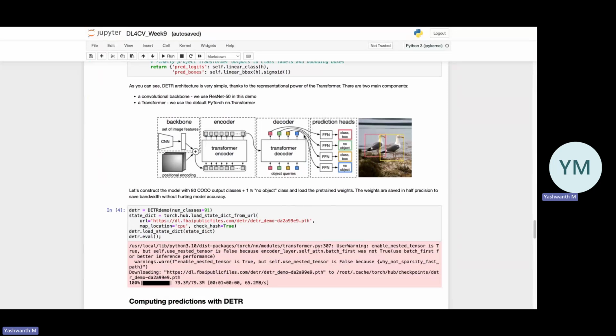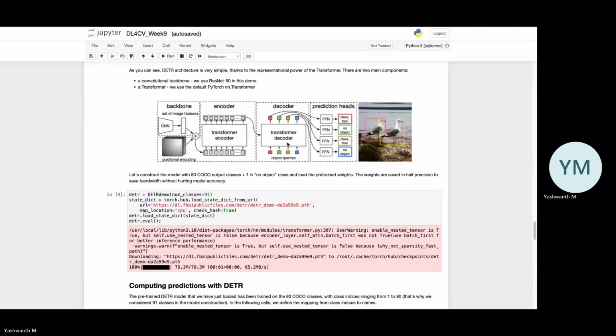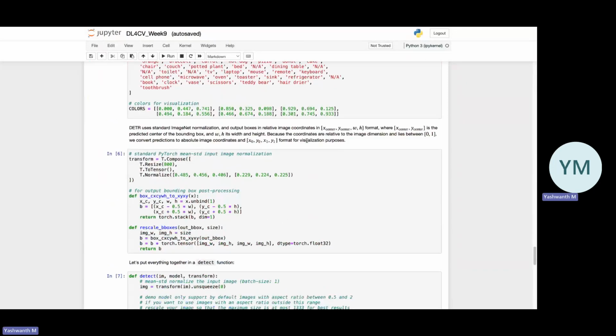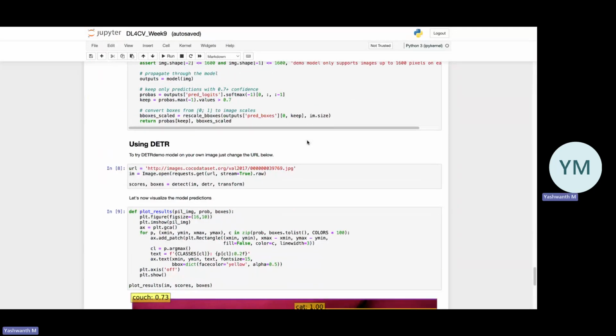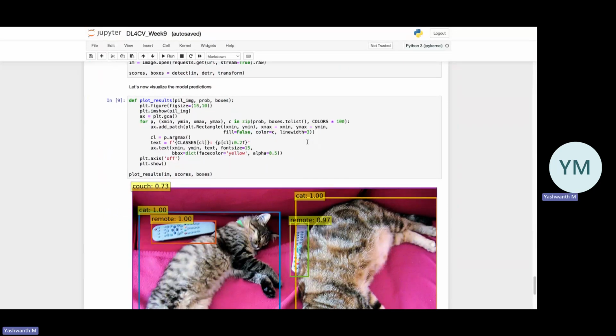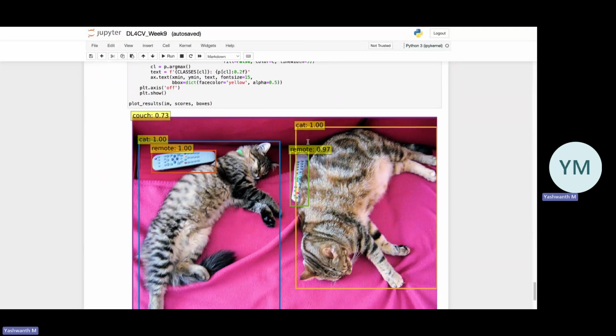And finally, we have the prediction heads here, and each of them is supposed to classify an object in a class. There is a minimal implementation of the detection transformers.